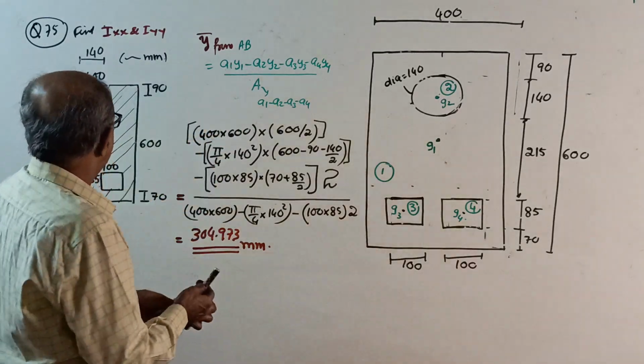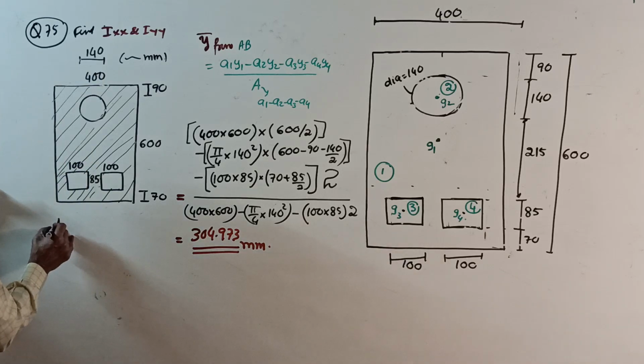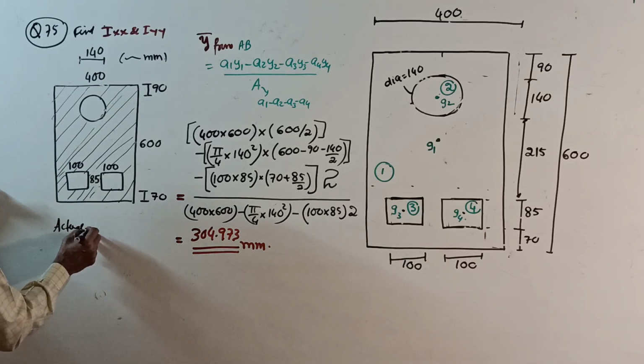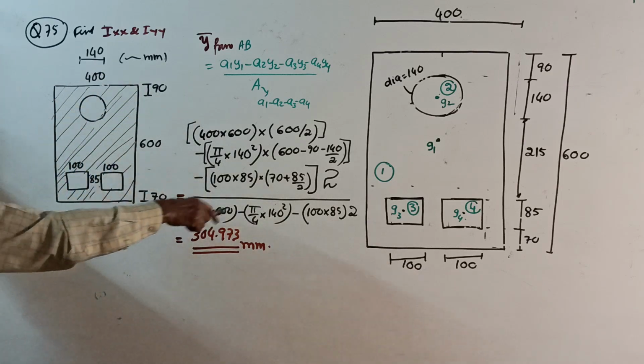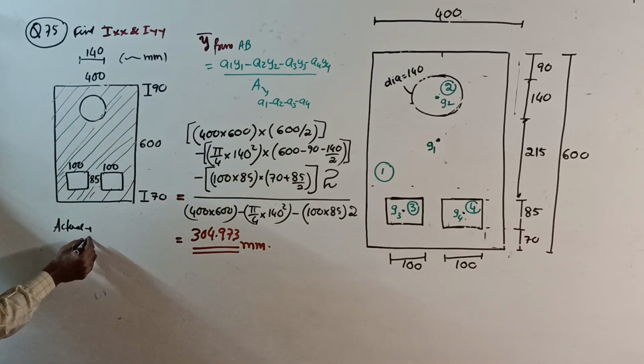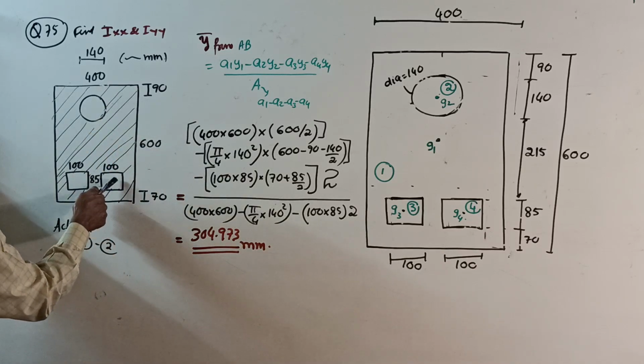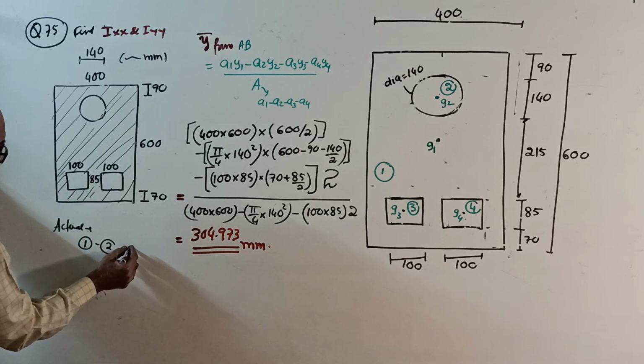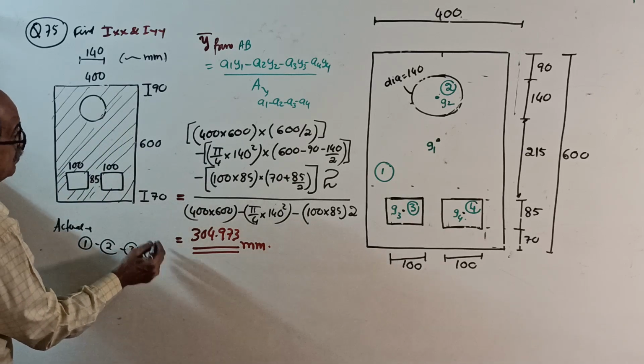Now, actual is, you write here. Full rectangle we will take as 1. Cutout circle we will take as 2, so 1 minus 2. These two empty rectangles I will take as 3 and 4.